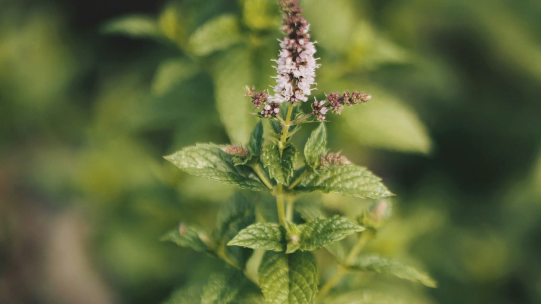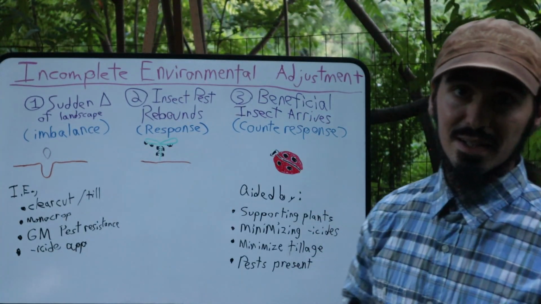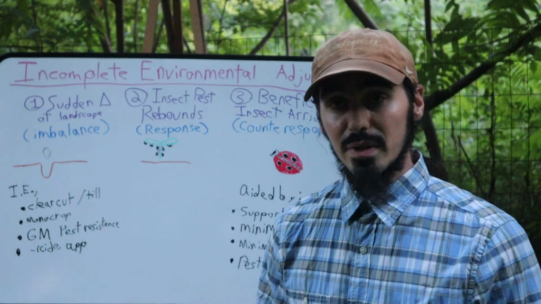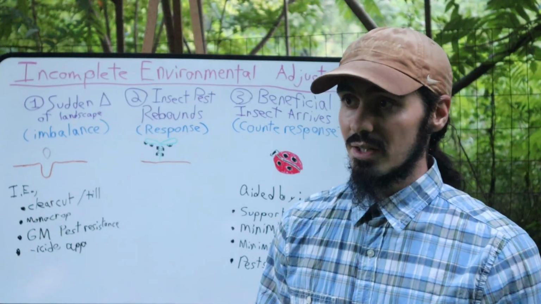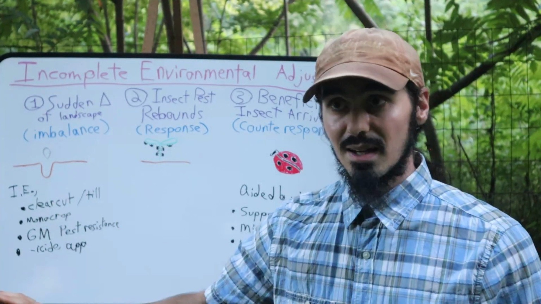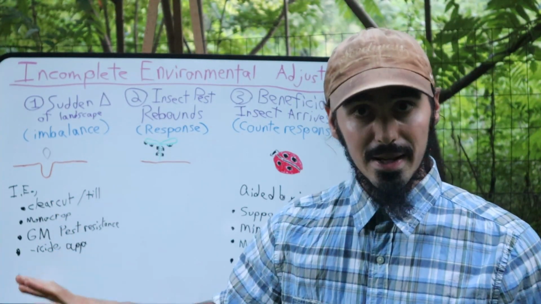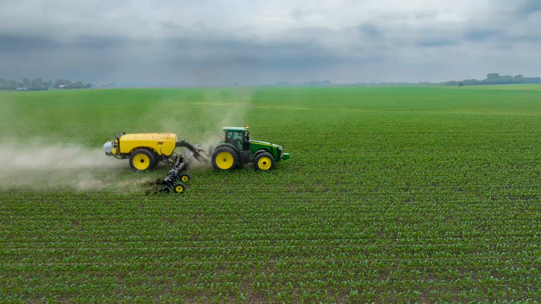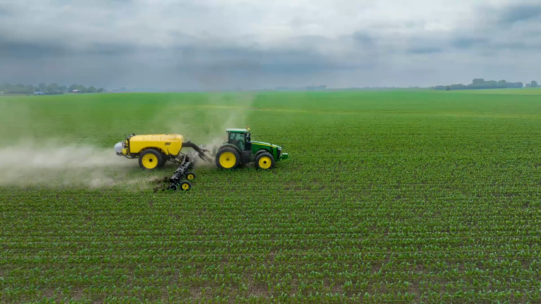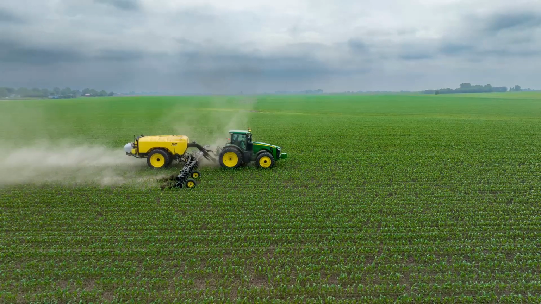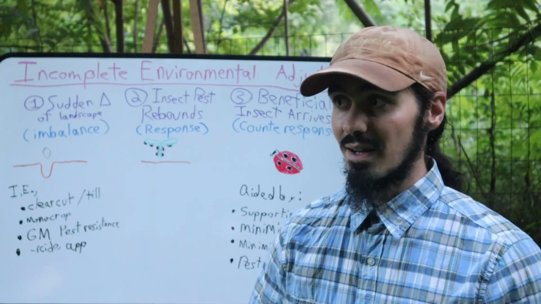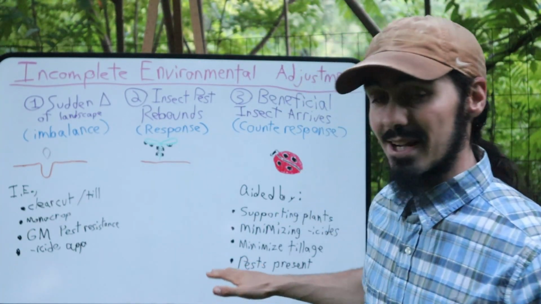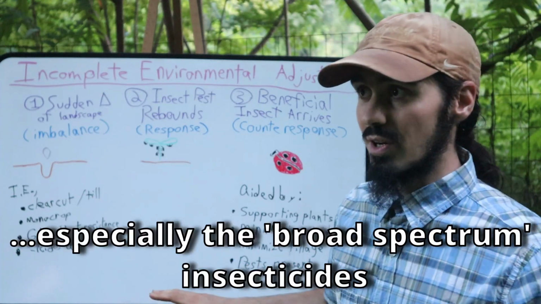We also want to make sure that we are minimizing the use of pesticides, because the pesticides will not only directly attack and kill the insect pests as they're designed to do, but they will also directly knock out the beneficial insect population, because some of these beneficial insects can also be susceptible to the toxins in these pesticides.